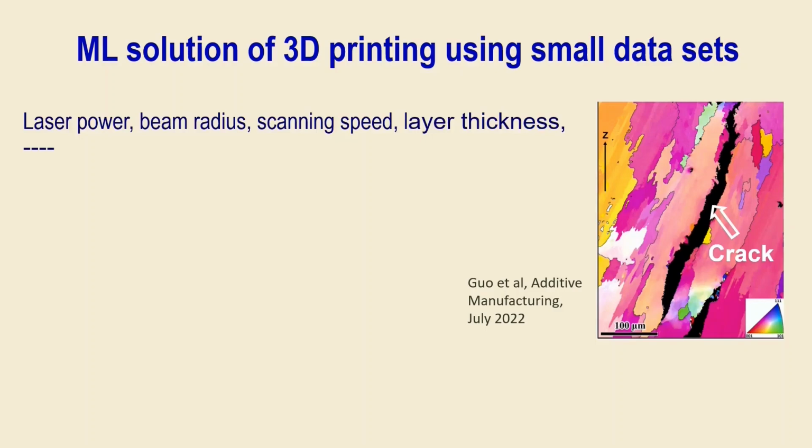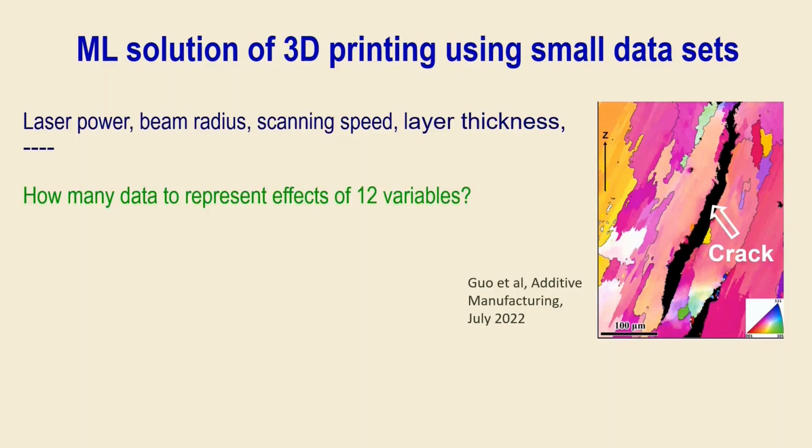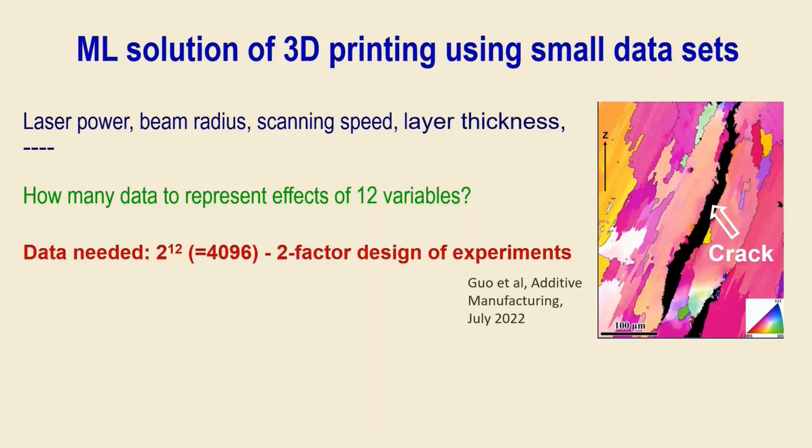So 12 variables. How many data points do we need to represent the effects of 12 variables? If we use a two-level factorial design of experiments, we will need 2 to the power 12, or 4096 data points.